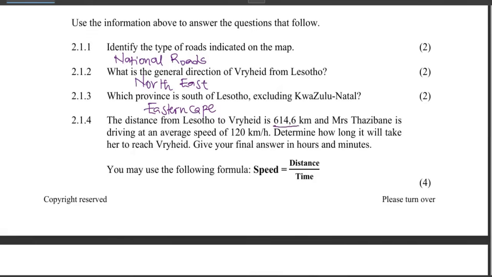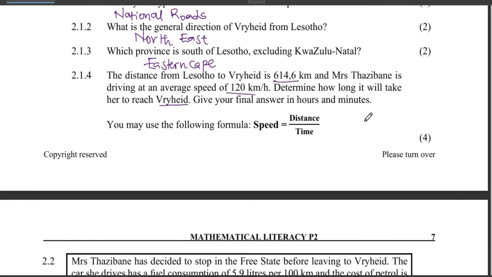Mrs. Tazibani is driving at an average speed of 120. Determine how long it will take her to reach this place. Give a final answer in hours and minutes. We substitute into the formula. First, what are we looking for? We are looking for time.